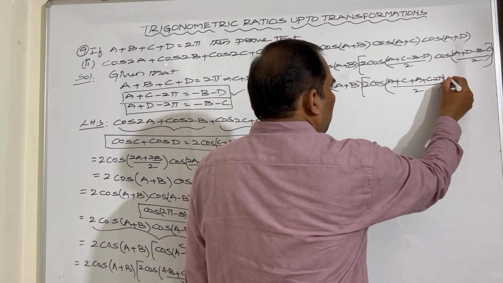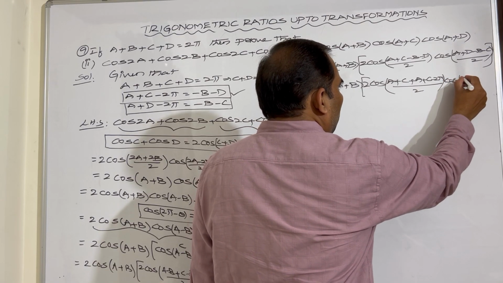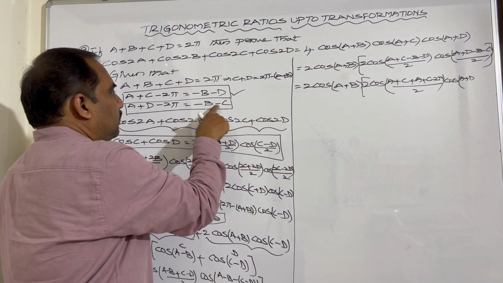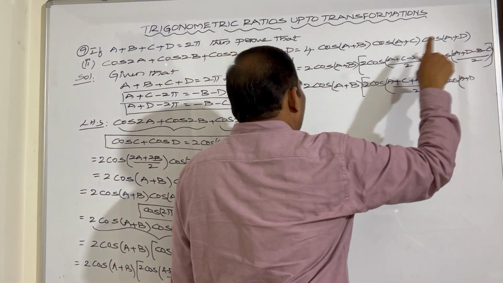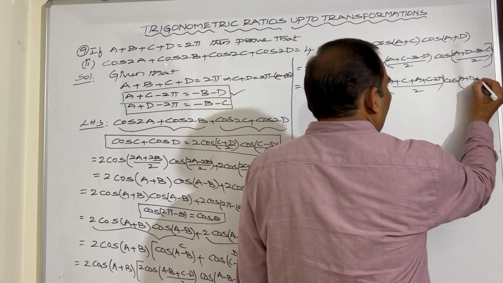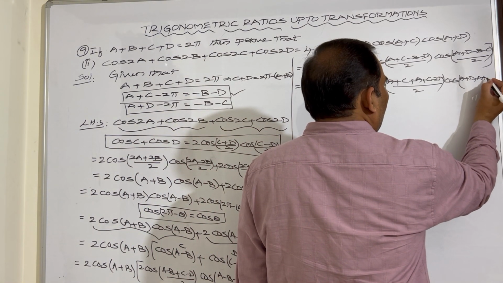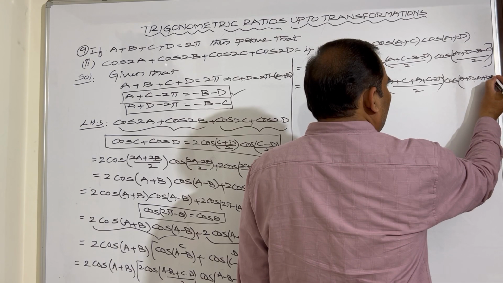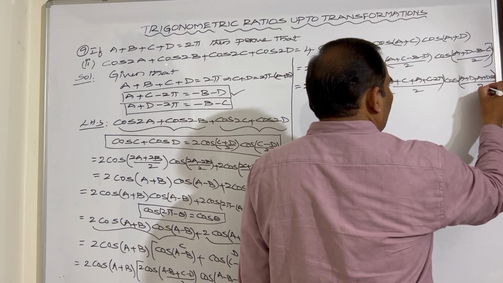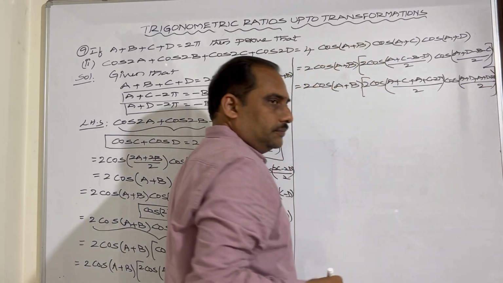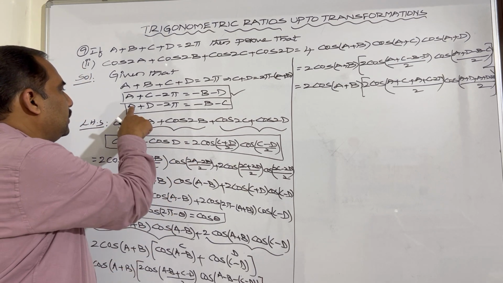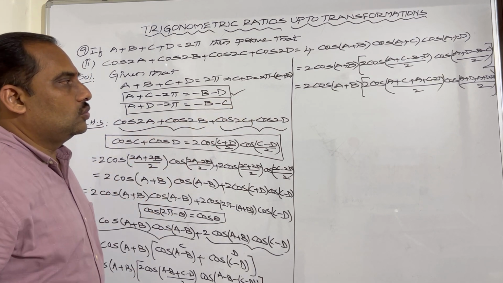Again here also cos of a plus d, and in place of minus b minus c we can write plus a plus d minus 2 pi, whole divided by 2. So minus b minus c is replaced by plus a plus d minus 2 pi.